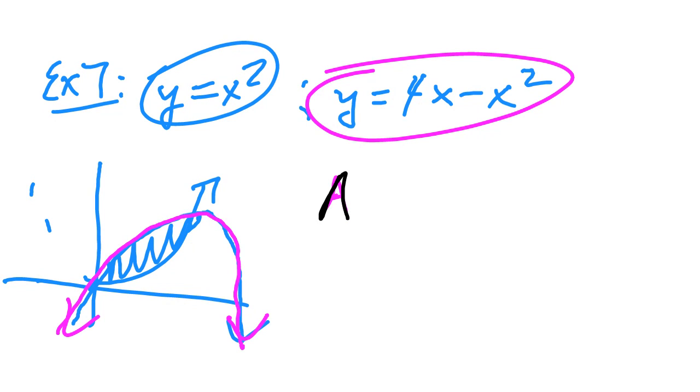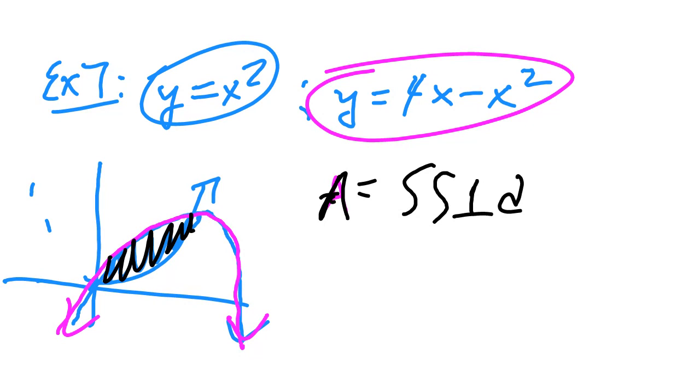So the area is going to be the double integral of 1 dA over the region R. And then the question is, what is that?